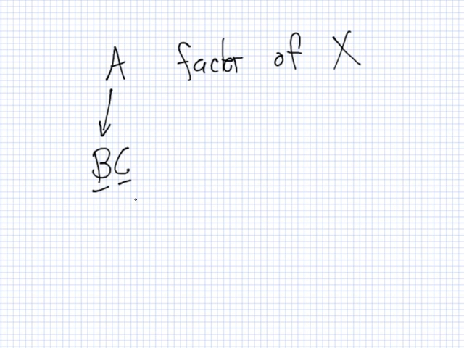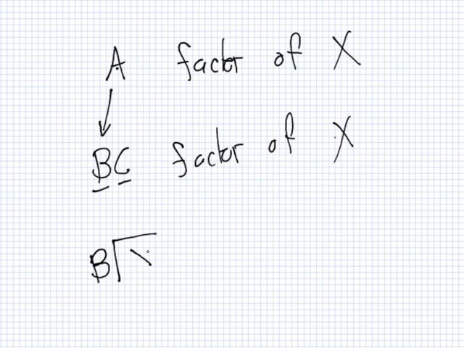So think about it like this. If A can be factorized as BC, we can say BC is a factor of x. I can divide B into x. Can I? Or can I only divide BC into x? What do you think?